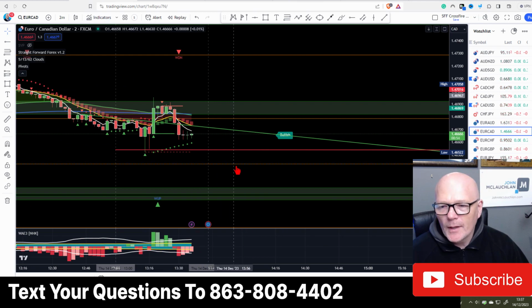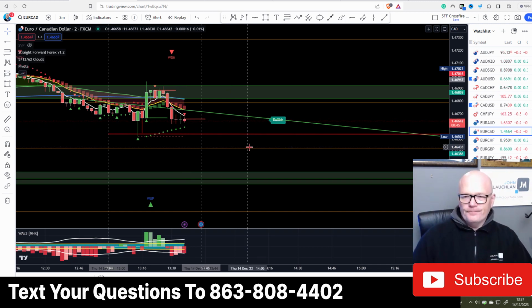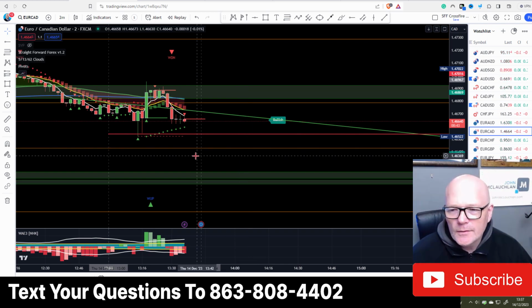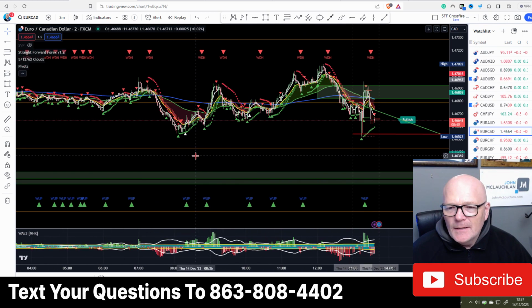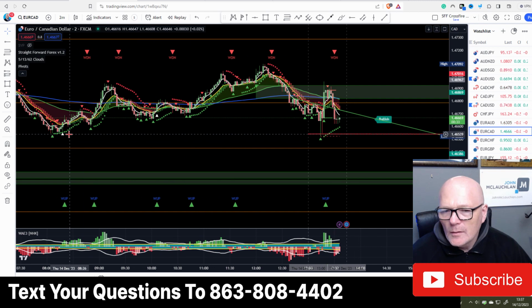Right, look at Euro CAD. You can see we've got a doji candle, and then this one that's forming right now. So a lot of indecision. Price doesn't really know where it wants to go, but we've got this from here. Look, we've got a double bottom. Price has gone to the bottom, and it's broken structure on there.